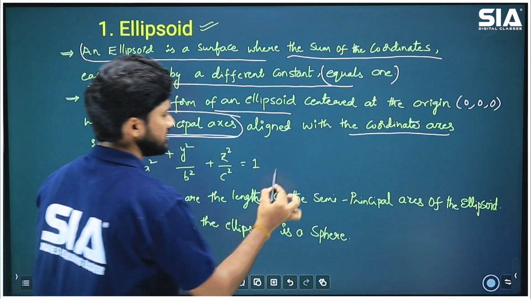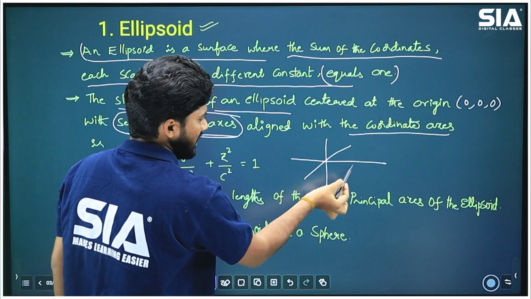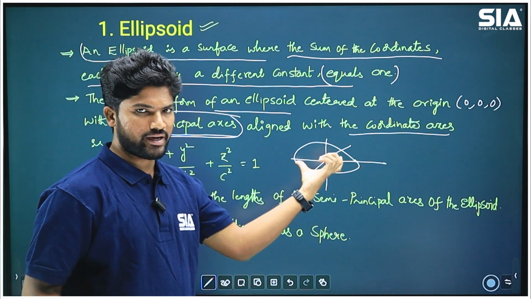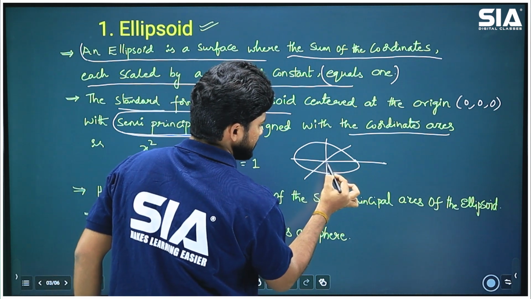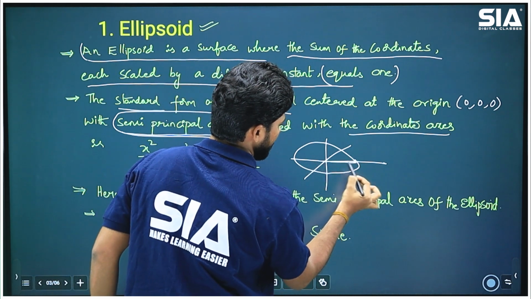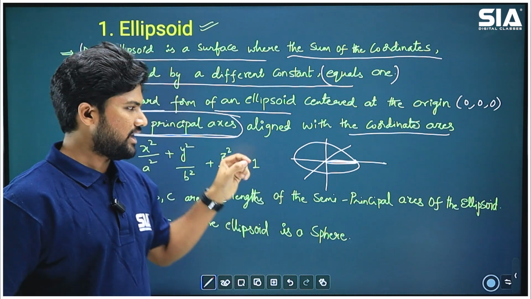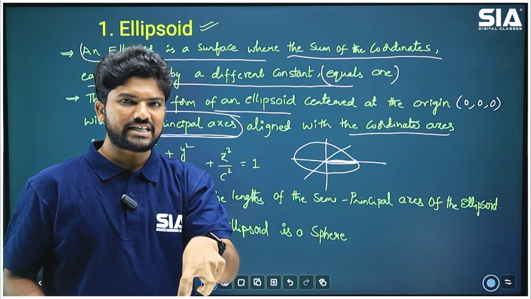Whenever you take the x-axis, y-axis, z-axis, and the shape of the ellipsoid is in this format, the length from the center, that is the origin, to this point is called the semi-principal axis. Every coordinate axis is a principal axis here.